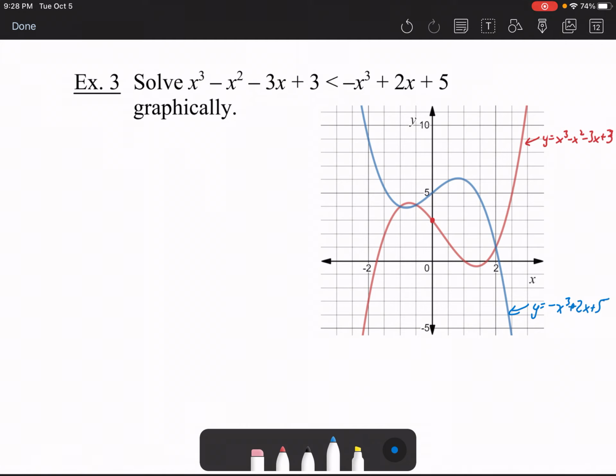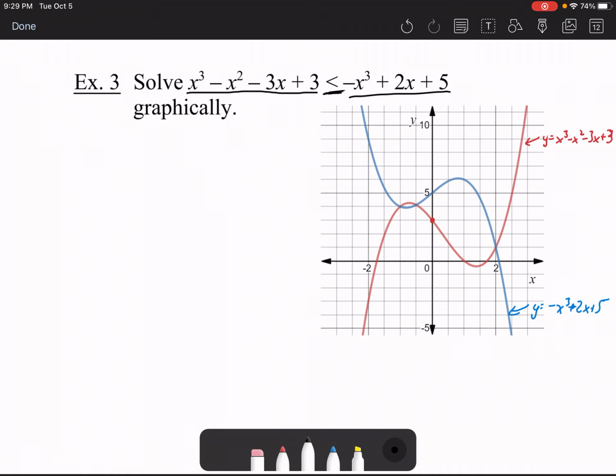So, we're interested in when the red function is smaller than the other function, the blue function in our case. So you have to find out when the red function is lower on the y-axis, the y values, than the blue function.